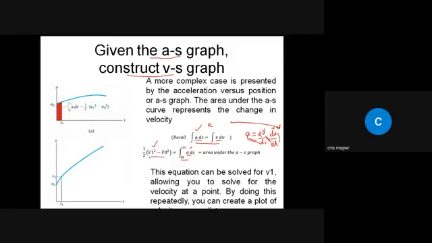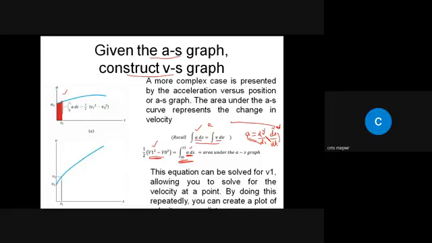So if we have an AS diagram and we find the area under the curve, we get the thing that we have on the left side, which is velocity, right? So if we have an AS diagram, find the area under the curve, and know the initial velocity, we can find the final velocity at that instant.